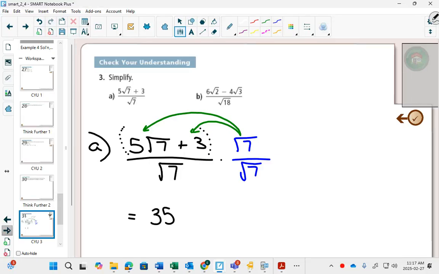Are you okay if I just write 35 all at once? We could do 5 times root 49, and root 49 is 7, and then do 7 times 5. But we can do that all at once. And plus 3 times root 7 will just be 3 root 7. And on the bottom, root 7 times root 7 is 7. We have rationalized the denominator.